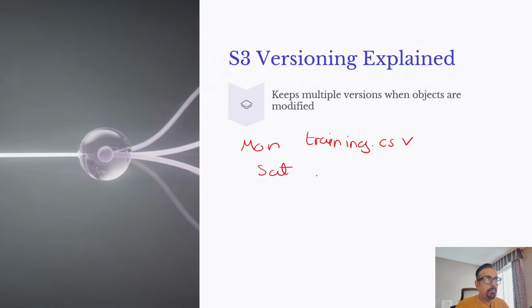So S3 is going to keep both versions. This is going to be my older version, so I can say that this is version 1. This is going to be version 2. And both are going to have their own unique IDs, so it is not going to overwrite. On Saturday, when I go ahead and push training.csv after making some changes, it is not going to overwrite this file.